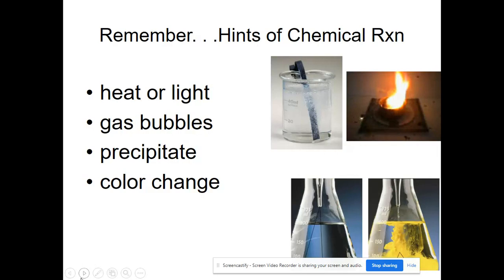So different signs that a chemical reaction may be occurring are things like seeing heat or light, gas bubbles being produced, seeing a precipitate, or color change. And during this unit, I will be showing you some different examples of chemical reactions where you will be able to see these different signs.